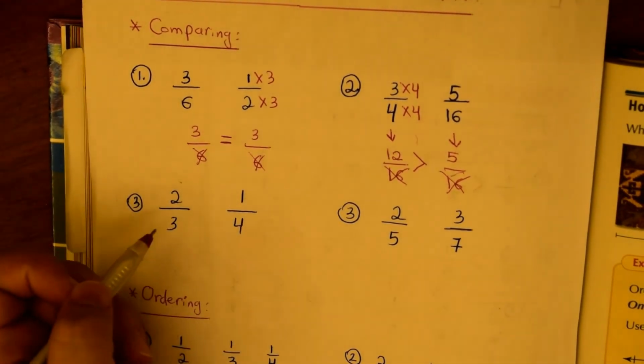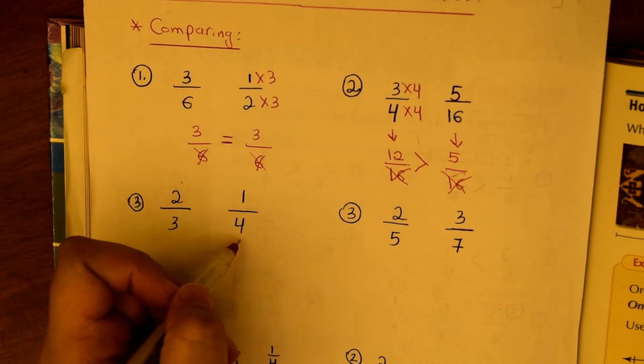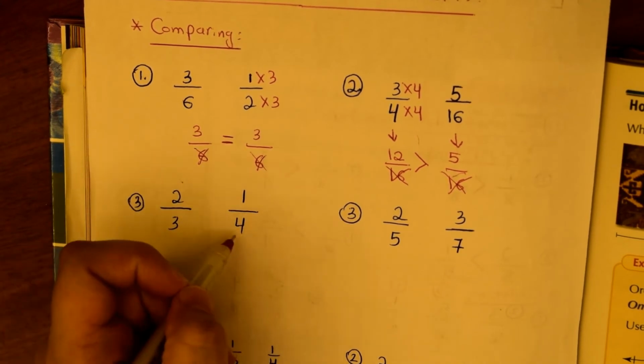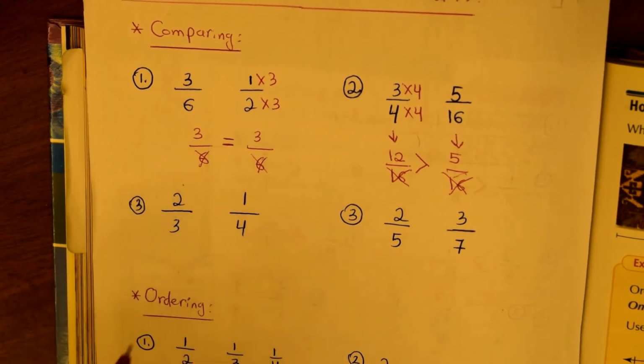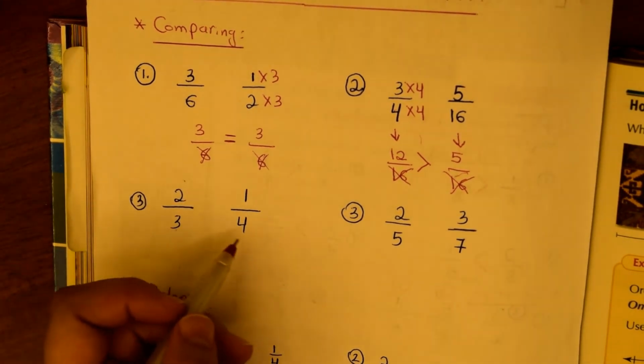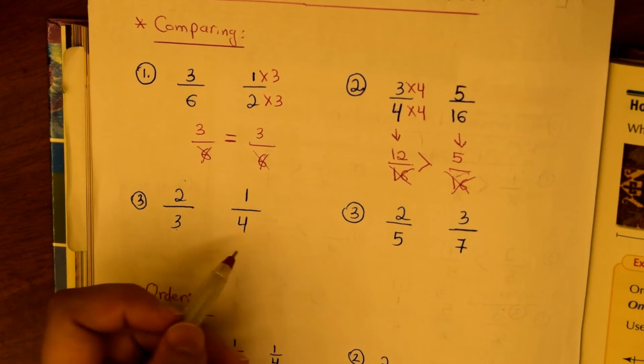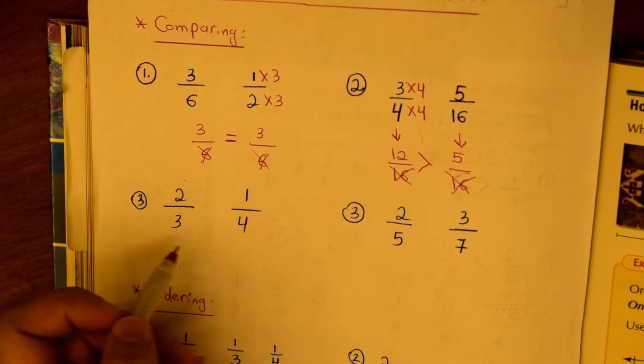Now here I have 2 over 3 and 1 over 4. I don't have common numerator, I don't have common denominator, so I have to make common denominators because it's easier. Now I will ask myself, can I make the 3 4? No, there is no number times 3 that will give me 4. Can I make the 4 3? I can't divide 4 by any number to give me 3.